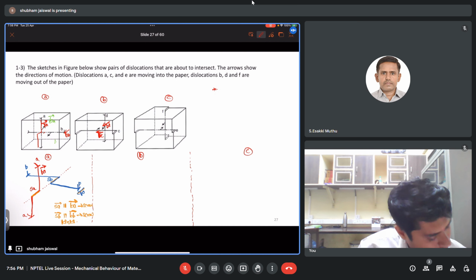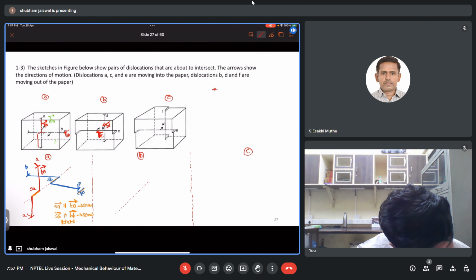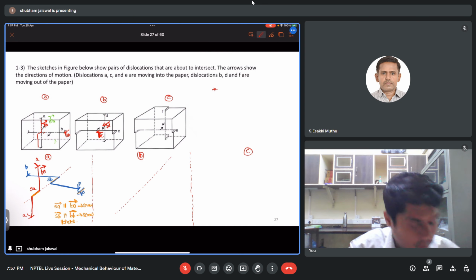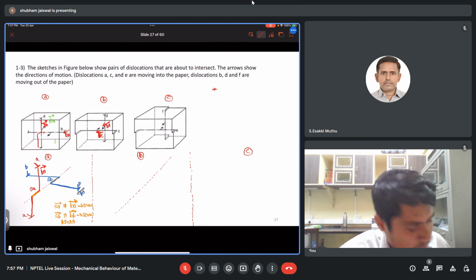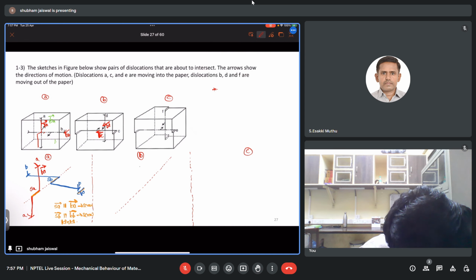Okay. So now if we draw the intersection, then let's say this Burgers vector B is creating a step inside dislocation D in the direction of Burgers vector of C. So this is my initial dislocation line at D. Okay.